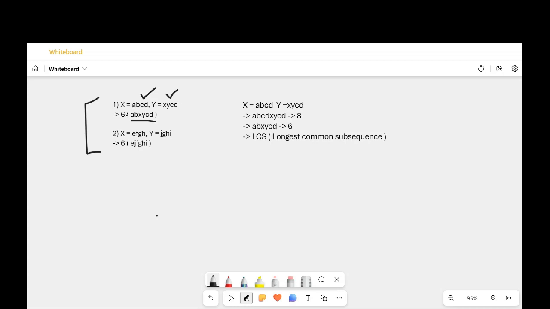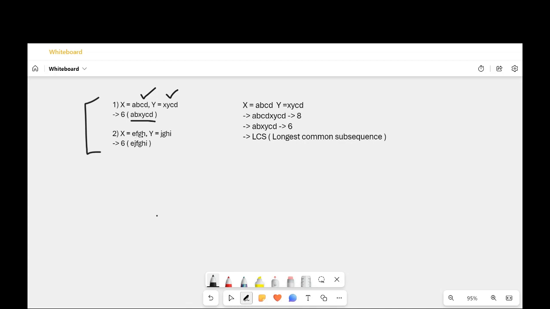See why? Because abcd, so ab and cd, so the string x is a subsequence in this particular answer string, and y is equal to xycd, so xy and again cd is a subsequence in this particular answer string.